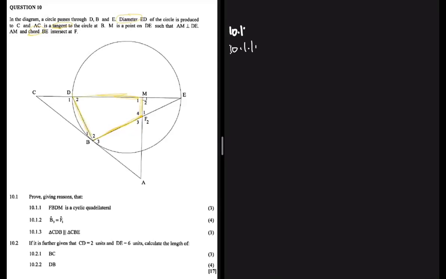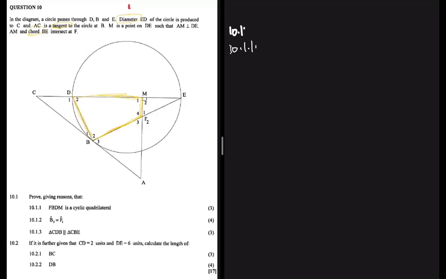And we're supposed to prove that. So let's go to our first keyword, which is diameter, right? Our diameter is DE, and then how can we deduce that FBDM is a cyclic quad using the diameter?